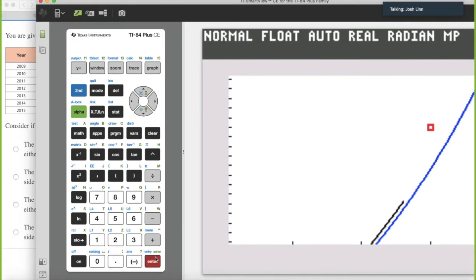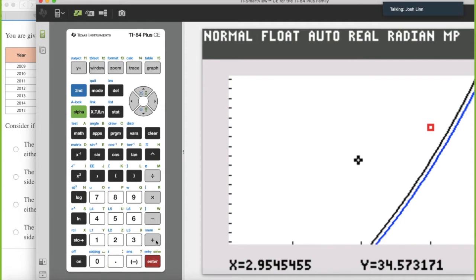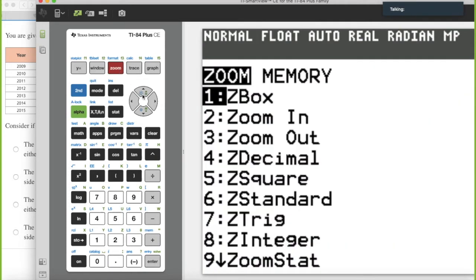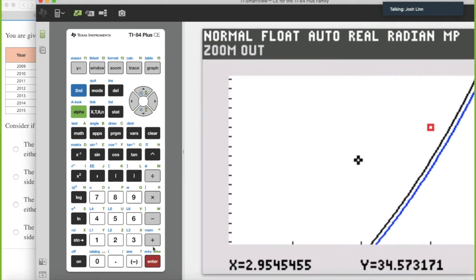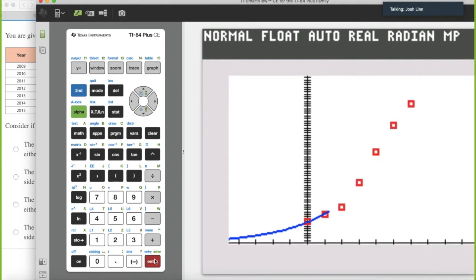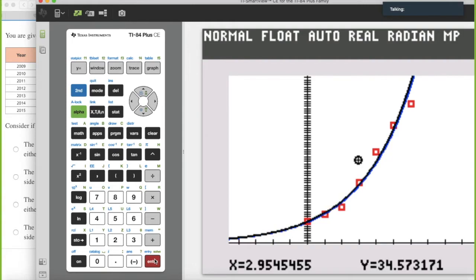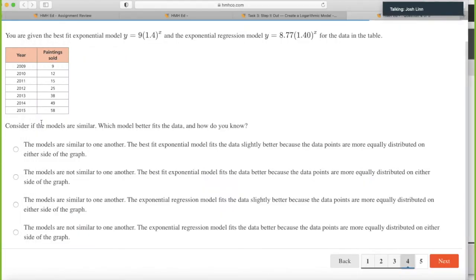I just zoomed in a bunch, so we'll zoom back out. I don't know, they're both the same to me. Models are similar to one another.